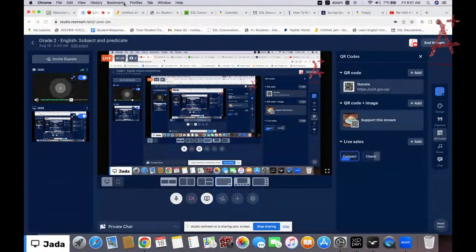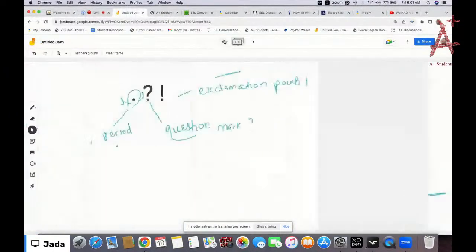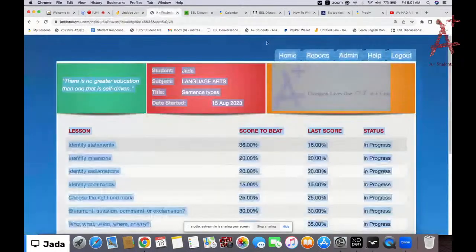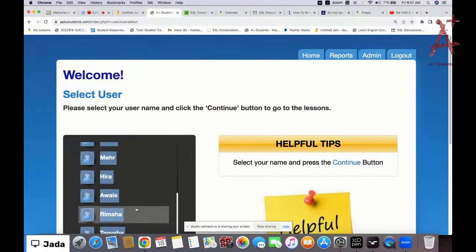Okay, so first of all, what you need to do is log in using aplusstudent.com. You log in with your email and your respective password. After that, you click on your names. You just need to look for where your name is. This is where you see all the names, so you scroll down to where your name is and click on it.